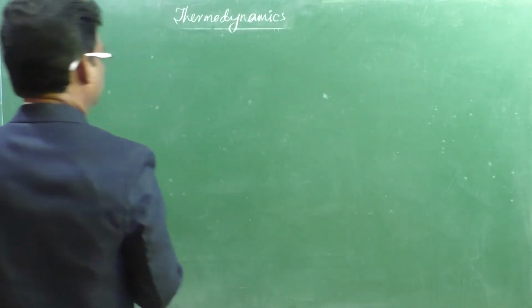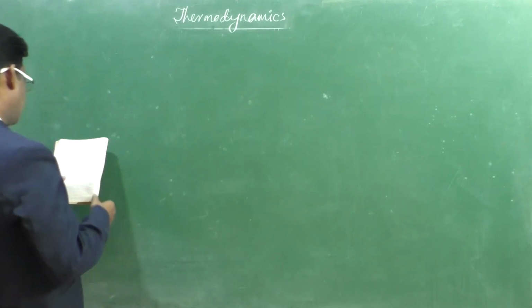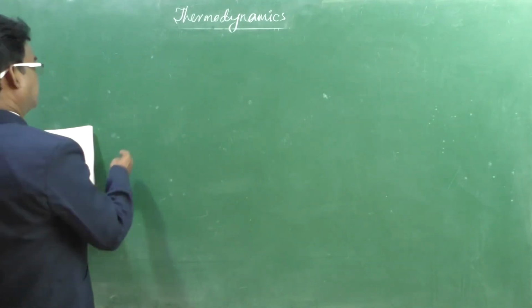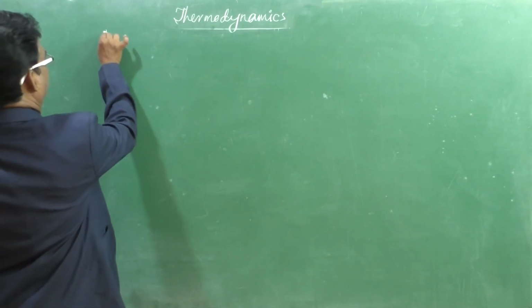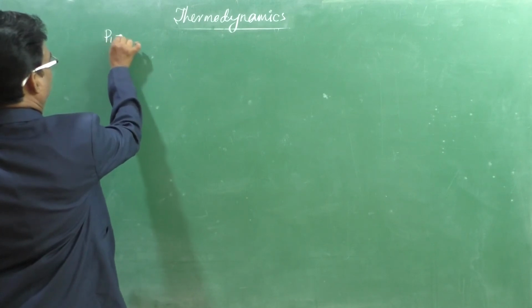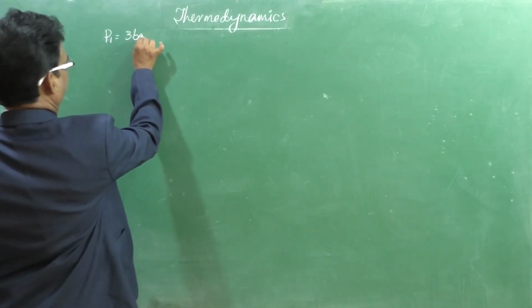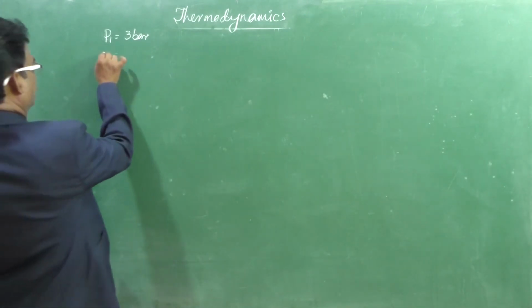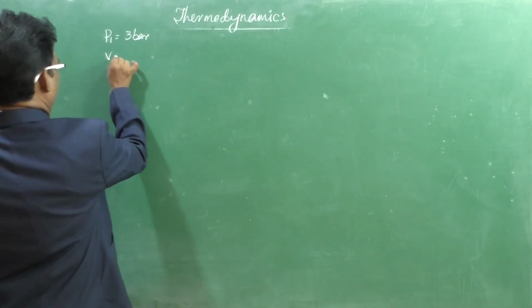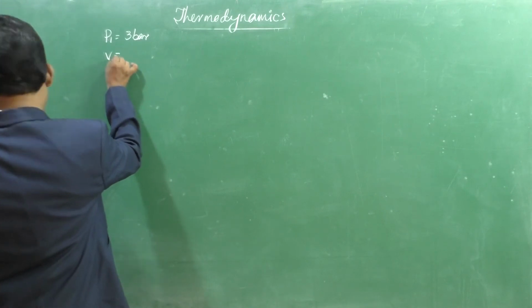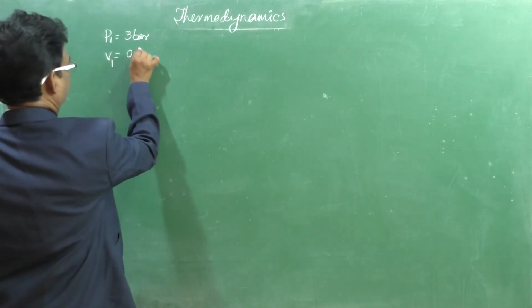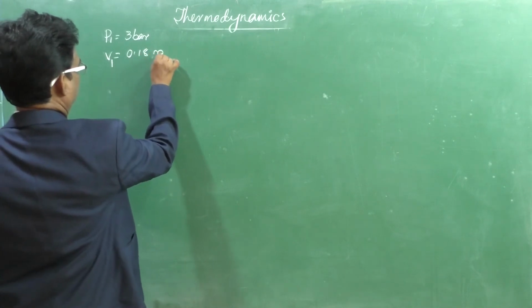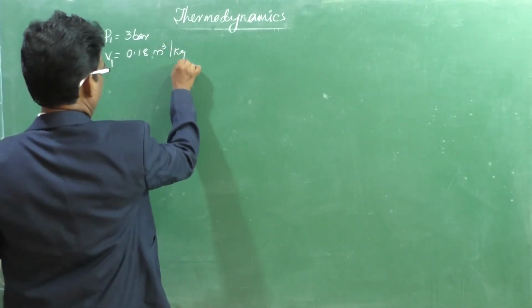Note down the given data. First, a fluid is at a pressure of 3 bar. P1 that is given, P1 equal to 3 bar. Next, specific volume, V1 is equal to 0.18 meter cube per kg.